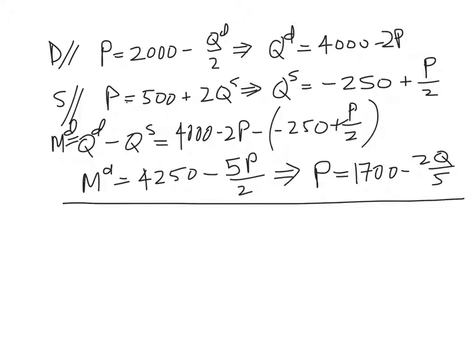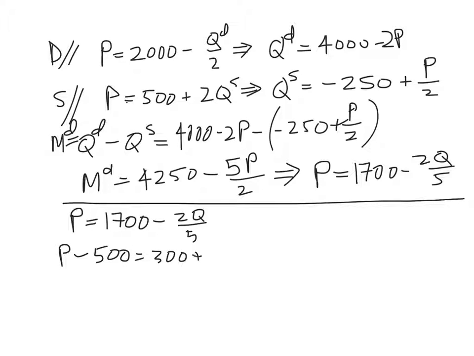The way we implement that algebraically is that P equals 1,700 minus 2Q over 5, or 0.4Q. And then sellers get not P, but P minus 500, and that's equal to 300 plus Q. When we rationalize that, the inverse supply relationship, I add 500 to both sides to get 800 plus Q.